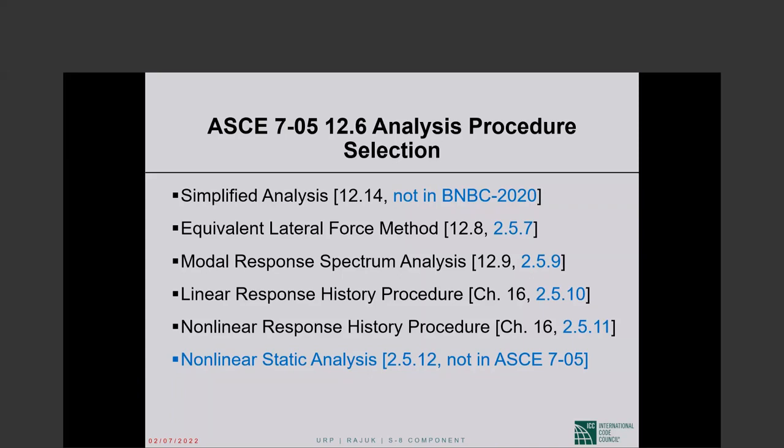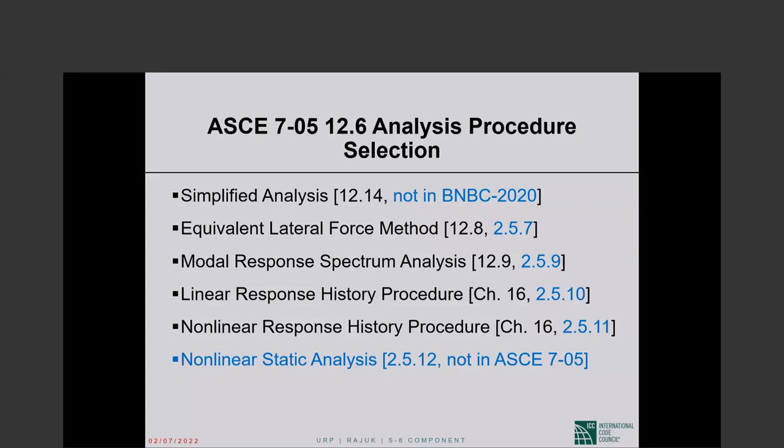ASCE 7-05 was succeeded by ASCE 7-10, then 7-16, then 7-22. In each edition there are significant changes, this time probably more than ever before. But when it comes to analysis, this is something very drastic, in my opinion, that we have now put into ASCE 7-22. This is why I thought that I would mention it.